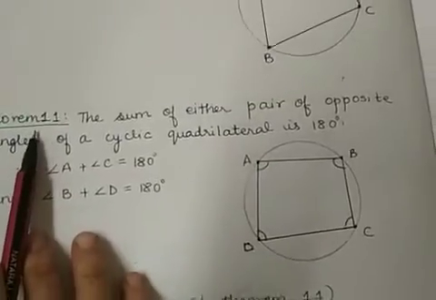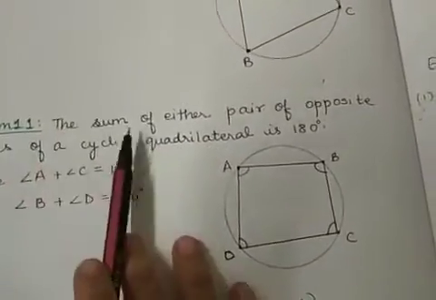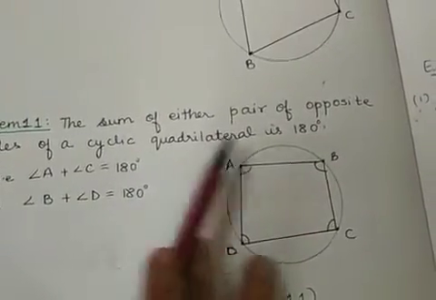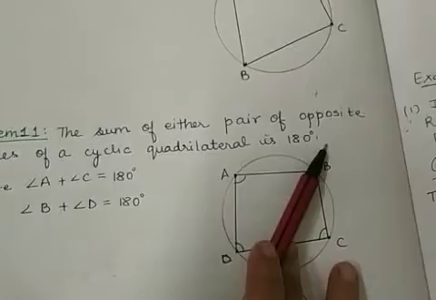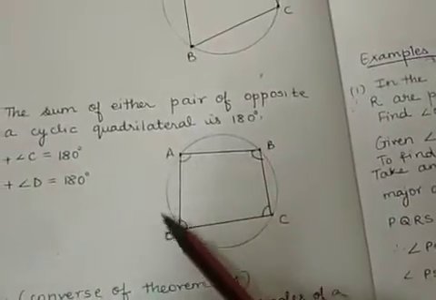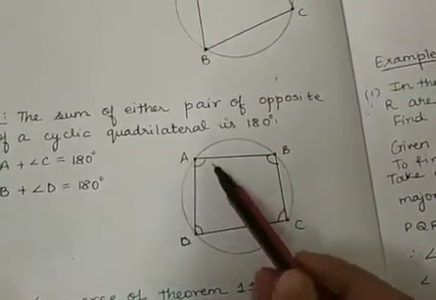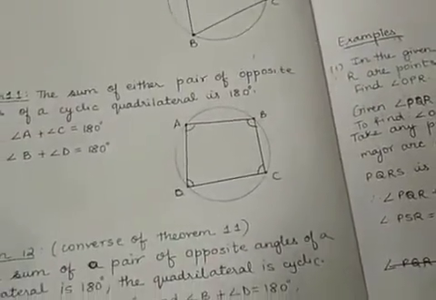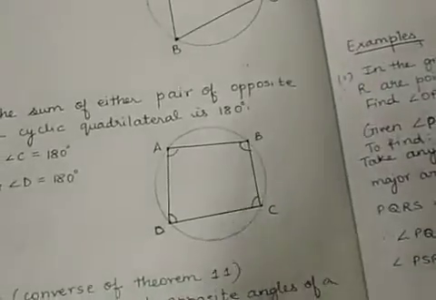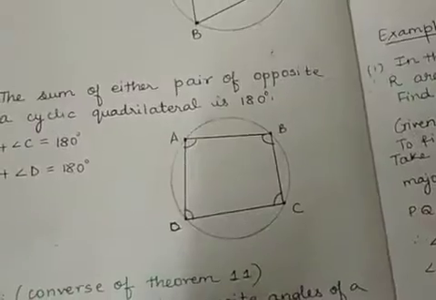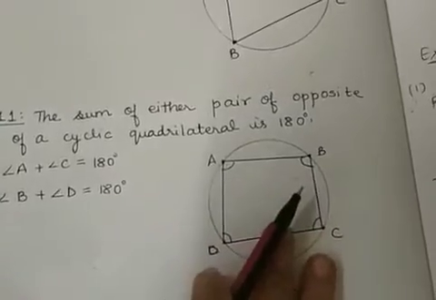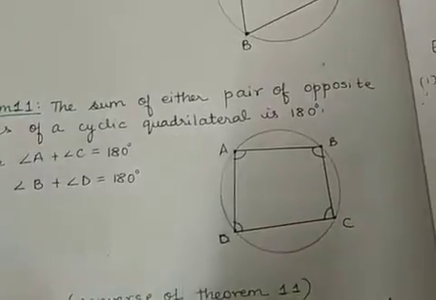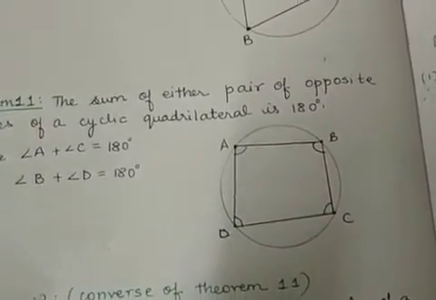The first theorem under this is: the sum of either pair of opposite angles of a cyclic quadrilateral is 180 degrees. So if you have a cyclic quadrilateral ABCD, which are the angles that are opposite here?